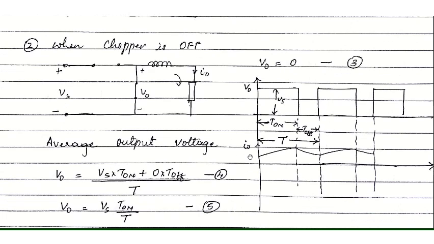If you observe the output current I naught, because of the inductor present in the circuit, the current is rising in the T on duration, and in the T off duration, the current will be discharged from the inductor, so the current is falling. In the next T on period, again current will be rising in the circuit. So the current waveform is depicted here.